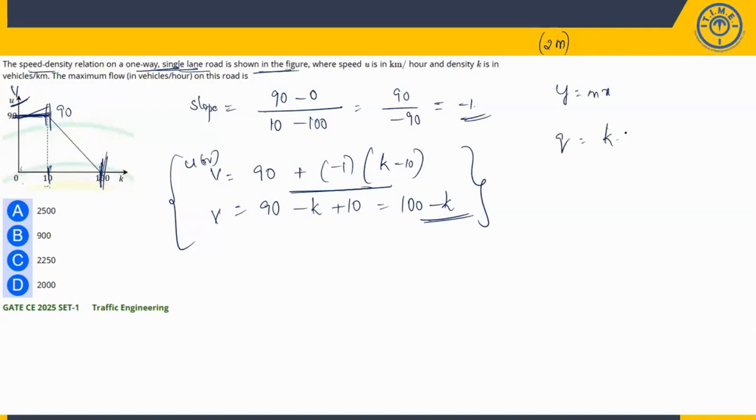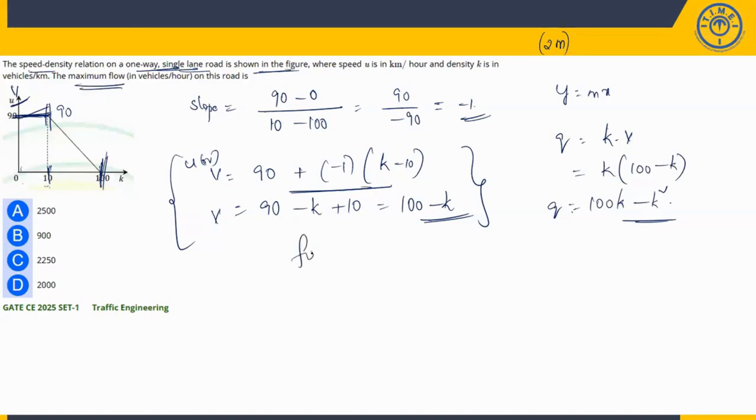Now, q is equal to kv. That is k into 100 minus k, that is 100k minus k square, q. And he asked us maximum flow.